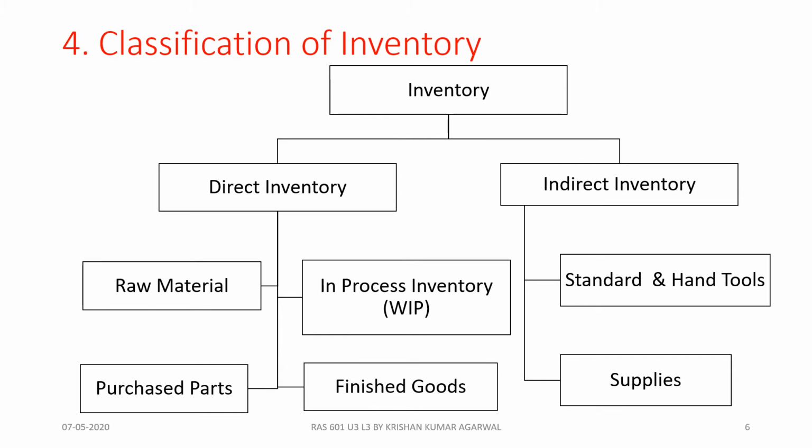For a manufacturing concern, the inventory may be classified as direct inventory as well as indirect inventory. Direct inventory includes the raw material that is taken either from tier 1 supplier, tier 2 supplier, or tier 3 suppliers, depending on the nature of product in which the company is dealing.